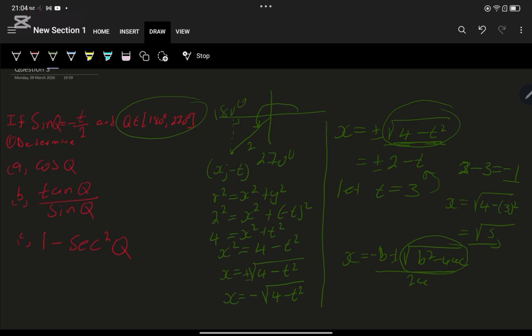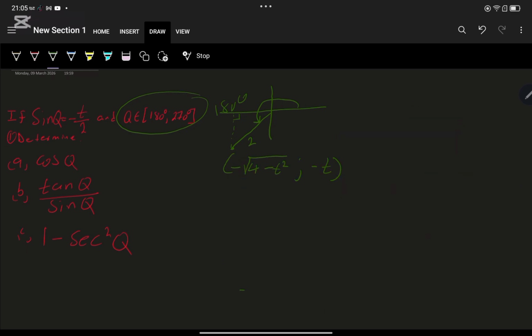Now that we know the value of x is negative square root of 4 minus t squared, I'm going to place this value in there. So they are represented there. Now we can determine the value of cos q.